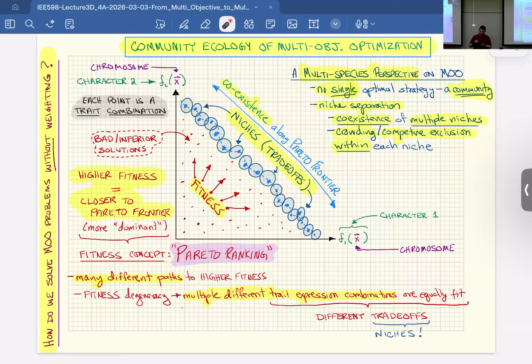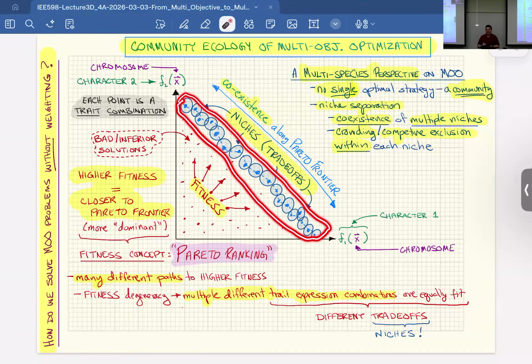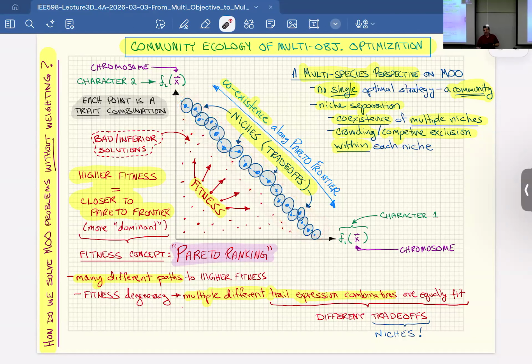If you go into any forest, or any urban environment, you're going to have a community of different organisms which are coexisting. They do not compete with each other. That idea of coexistence shows that they live in some sort of equivalence class where they're all doing just as well. They all have relatively high fitness for their selective pressures, and yet they're not competitively excluding each other because they have different trade-offs and different traits.